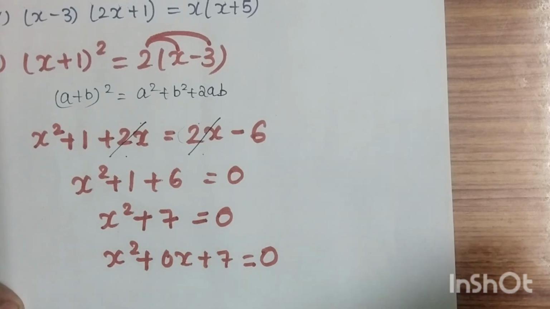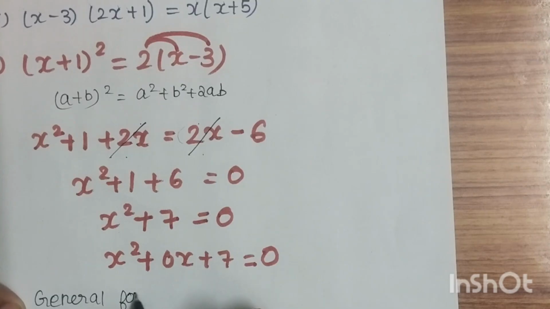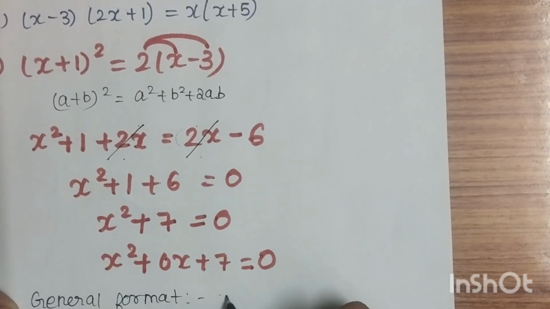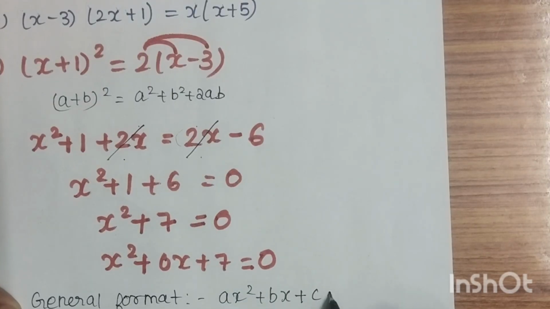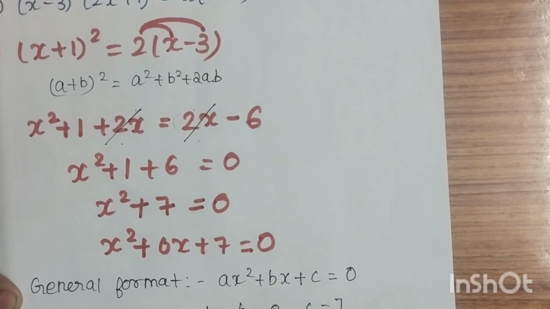Now this resembles the general format of a quadratic equation. Our general format for a quadratic equation is ax square plus bx plus c is equal to 0. Here a is equal to 1, b is equal to 0 and c is 7.